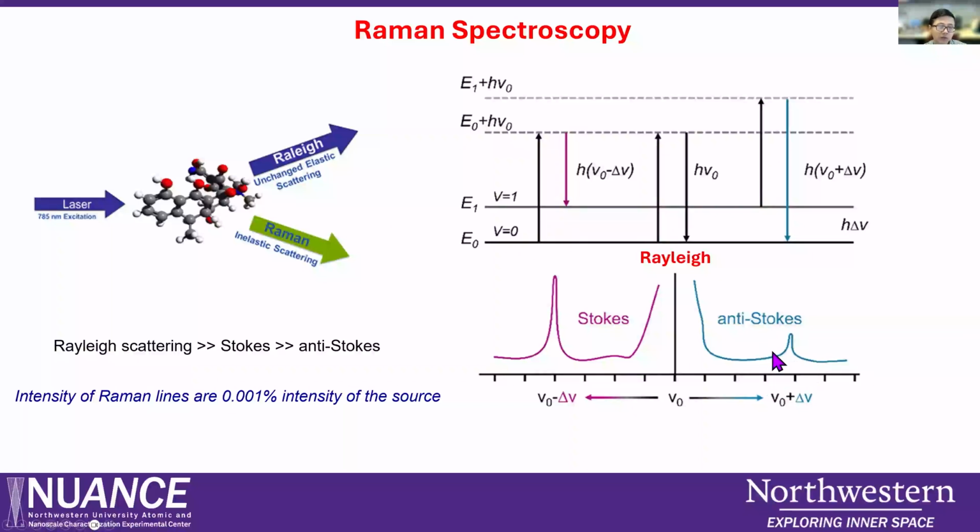This is rare compared to Stokes, a very, very small fraction. Most we get is Stokes, so the spectrum is mostly at positive wave numbers. Stokes is much higher than anti-Stokes, but the Rayleigh light is very high. Your Raman signal is only around the 10 ppm level of the fraction.